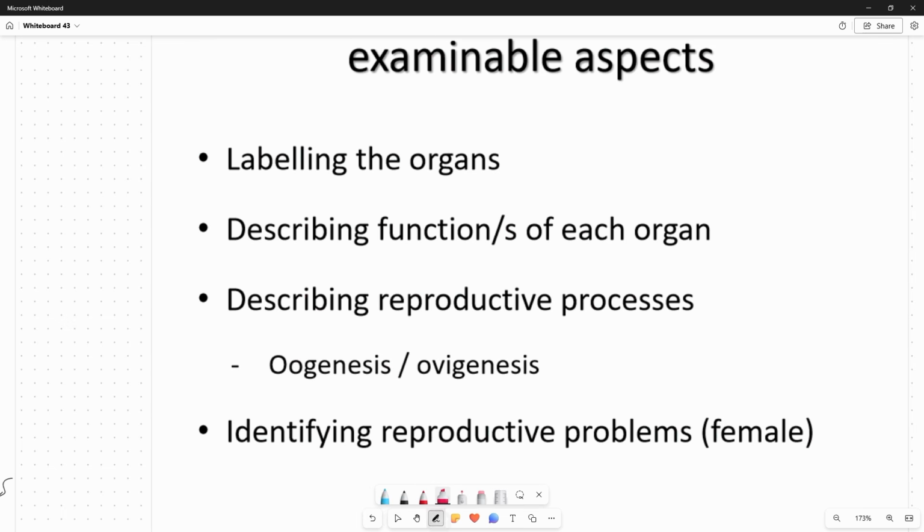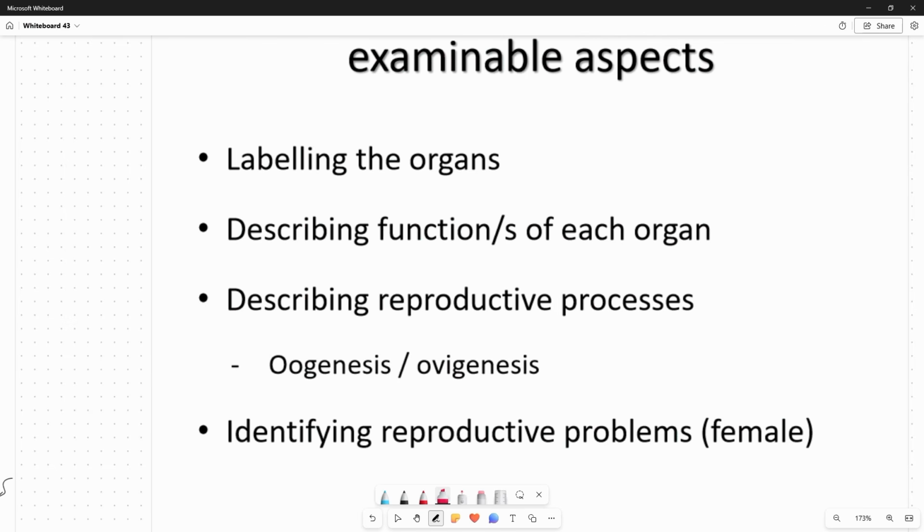And then let's look at now the examinable aspects on this part. Still, in the female reproductive system, as a learner, you must be able to label the organs. You must be able to describe the functions of each organ there, and also describe the reproductive process taking place in the females, which in the male we said it's production of sperm cells, spermatogenesis.